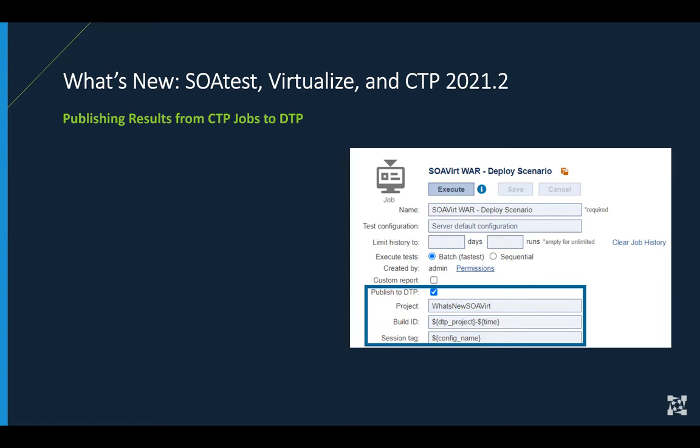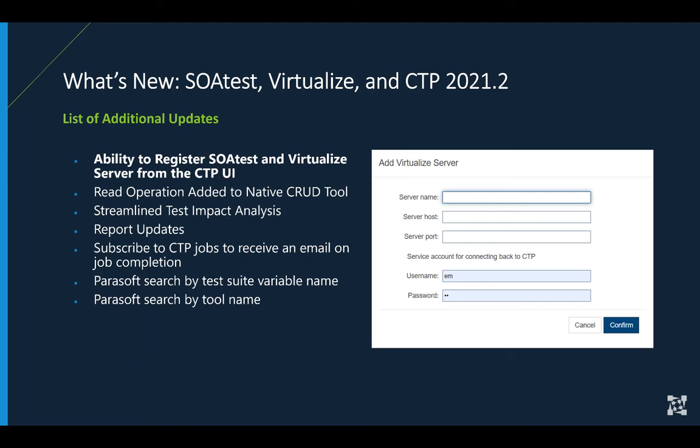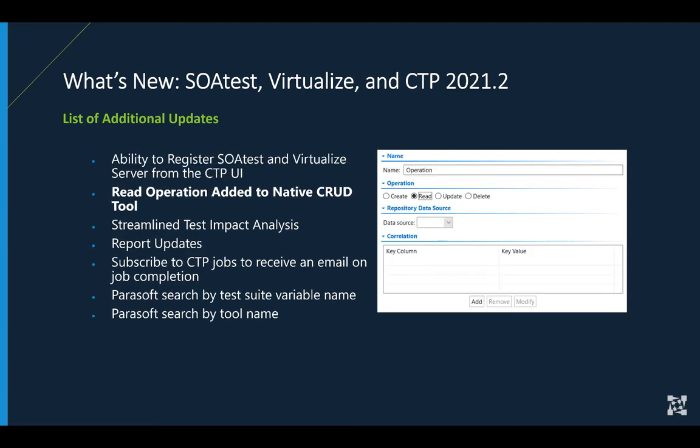And since we have time, I'll quickly touch on some of the usability enhancements with the new release. I mentioned that we added the ability to register SOATest virtualized servers from CTP. We have added read operation to our native CRUD tool, which is very popular.